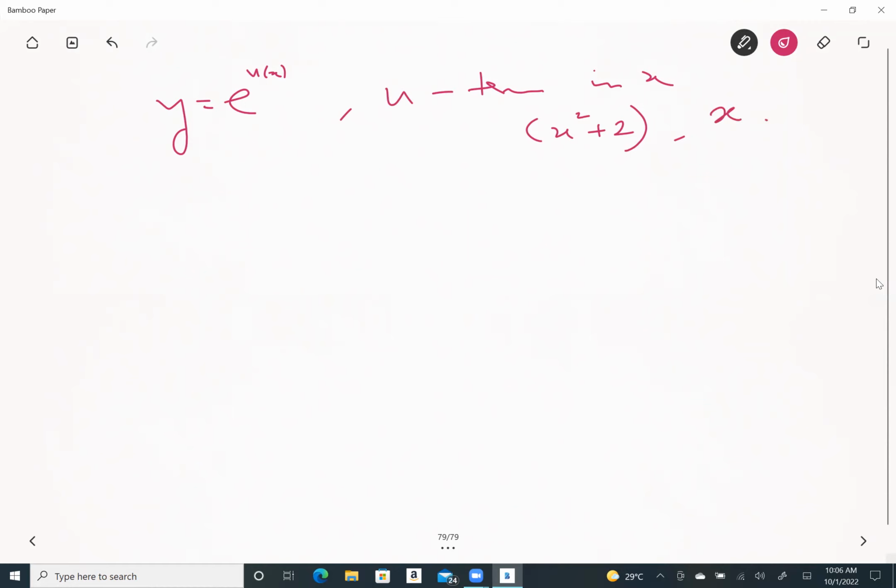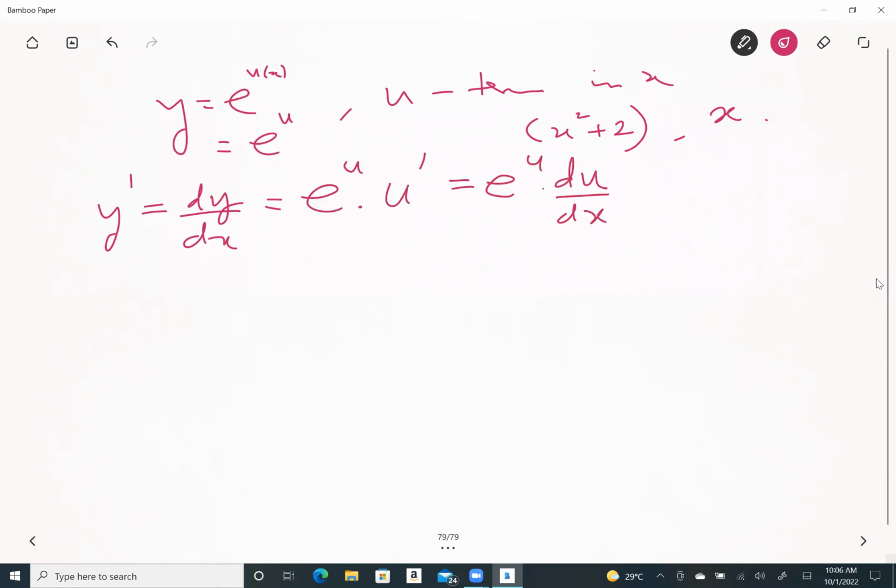Sometimes we just write it as e to the power of u. We know that u is something in x. Now, what is the derivative? You want to take the derivative y prime, which is dy/dx. That will equal e to the power of u, and then you have to multiply it by u prime. Or if you want, you can use du/dx. So that is the general formula to get the derivative of an exponent function.